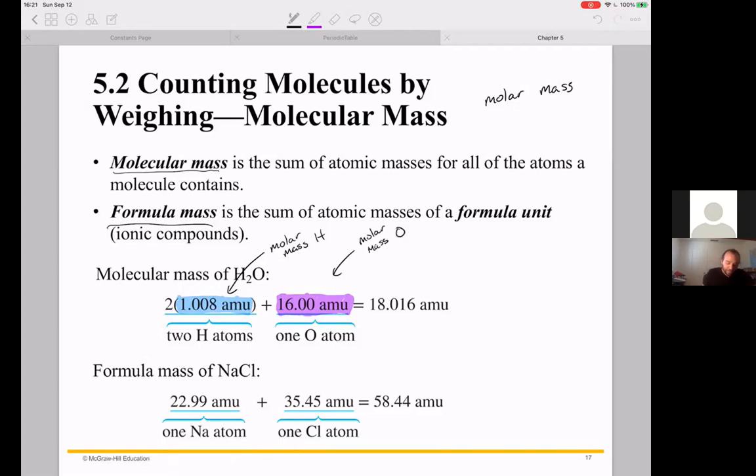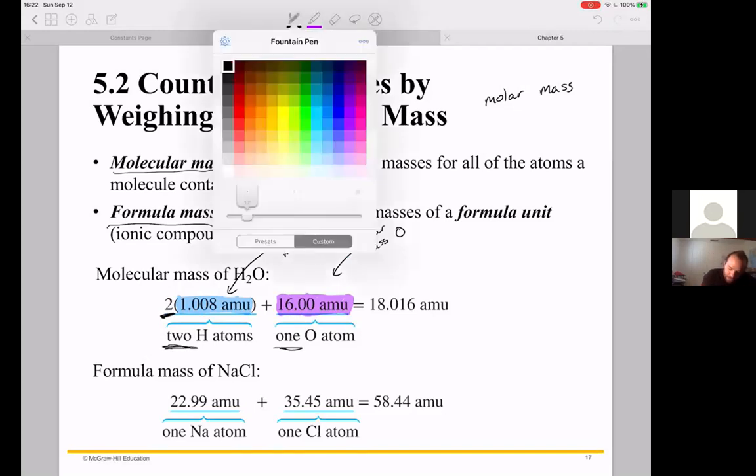Since I have two hydrogen atoms in H2O, I'm going to make sure to take that quantity and multiply it by 2. And then I'm going to add it to the one atom of oxygen. So I have two hydrogens, so I take that molar mass and multiply it by 2, and then add it to the molar mass of oxygen. And this will give me a molar mass of 18.016.